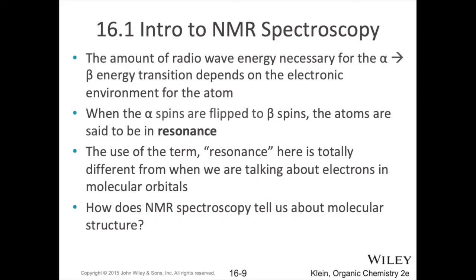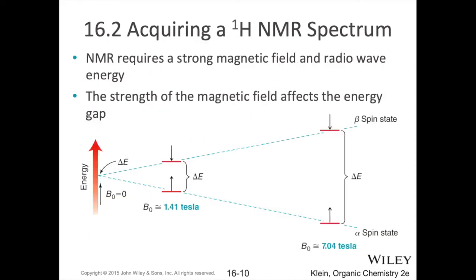So basically, by looking at how these nuclei behave in the presence of these radio wave pulses, we can get a feel for those electronic environments, for that shielding or that electron density around those nuclei, and that tells us something about them.